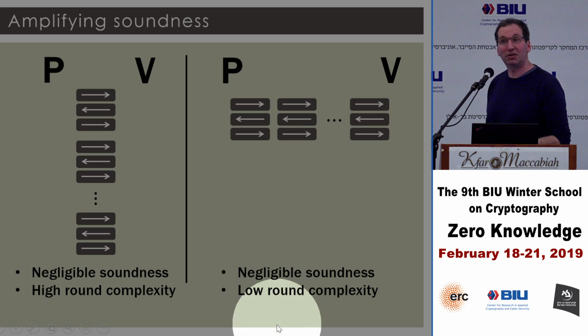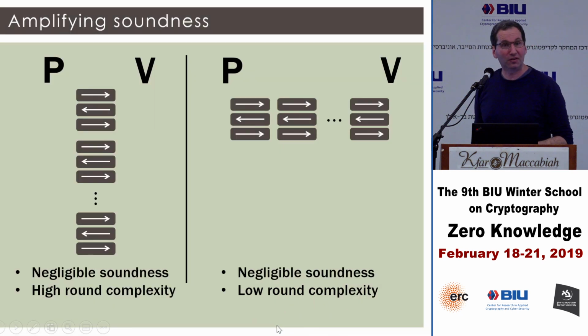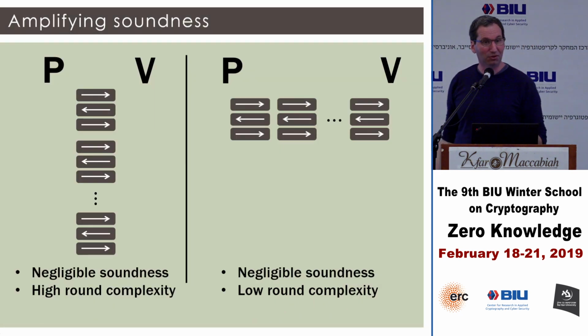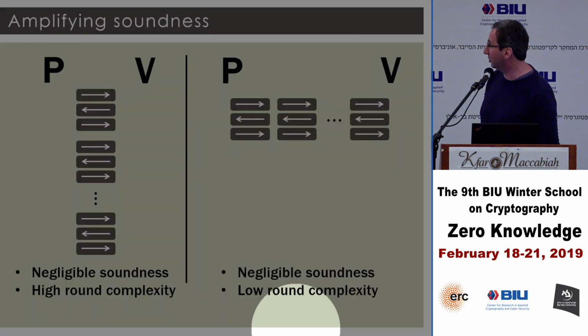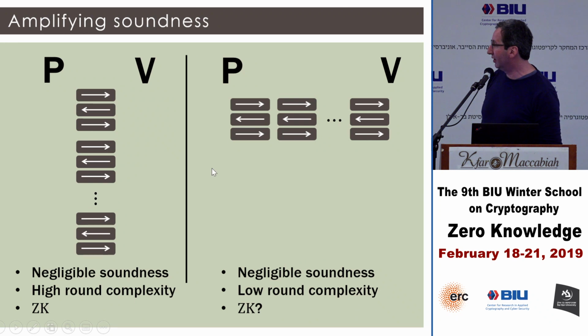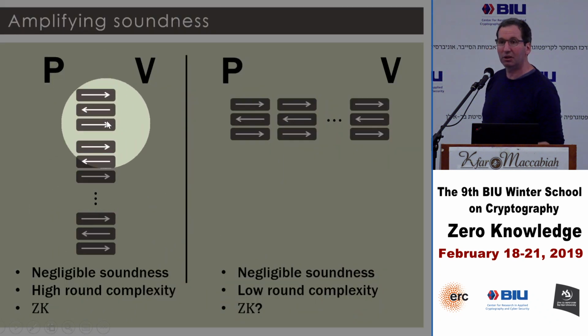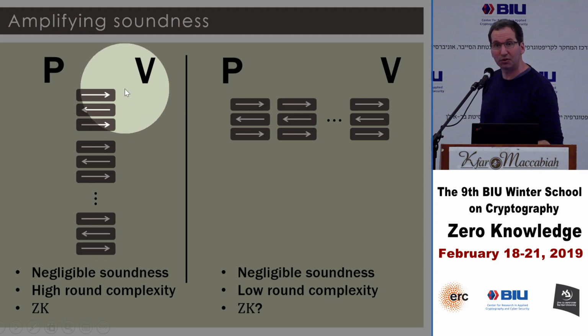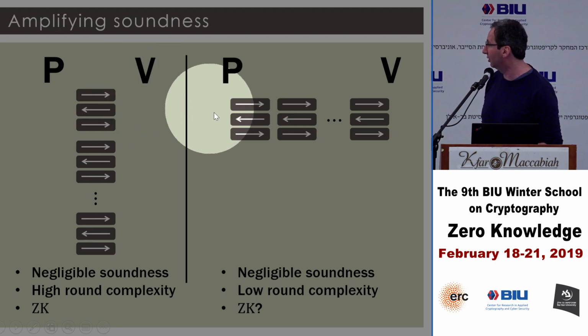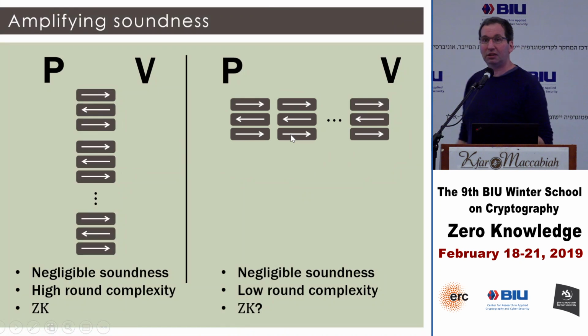It should result in negligible soundness. Luckily for us, this is a 3-round protocol, so it could in principle, but we have to be careful about it. And it has low round complexity. This is indeed zero knowledge. It follows from the fact that each atomic component is auxiliary input zero knowledge. We talked about this in the first lecture. This one, not clear.